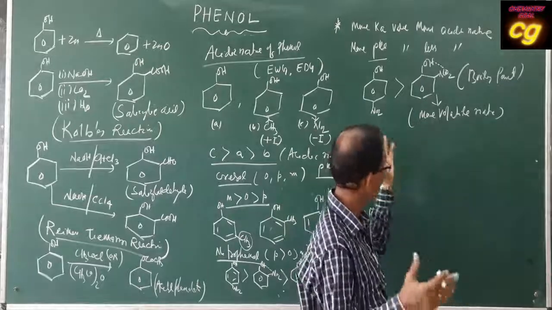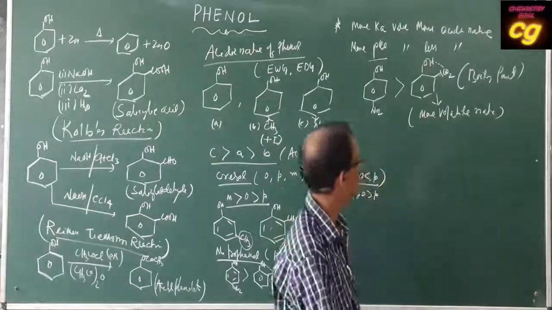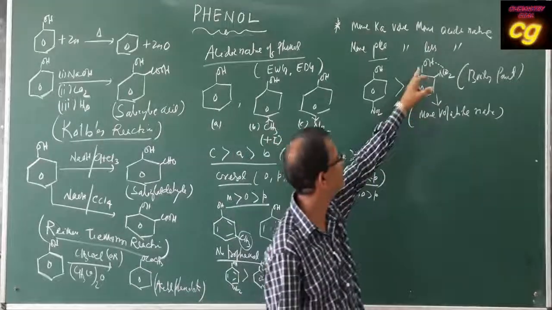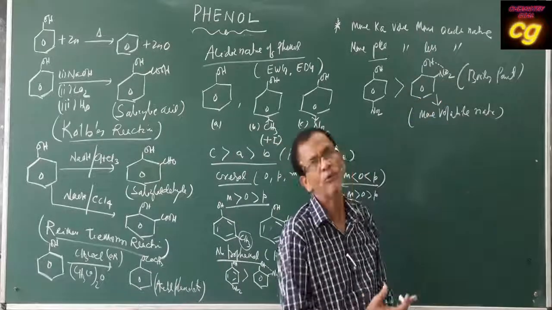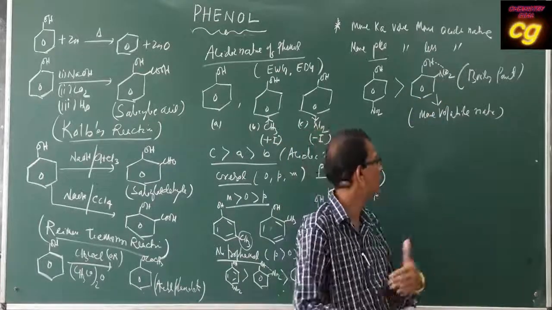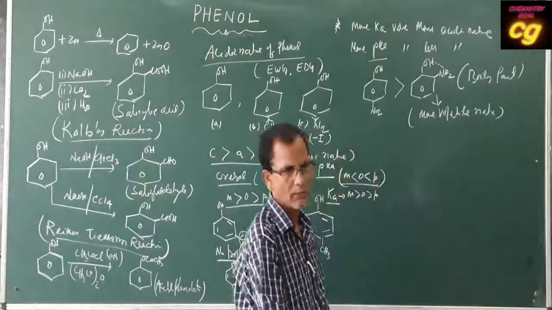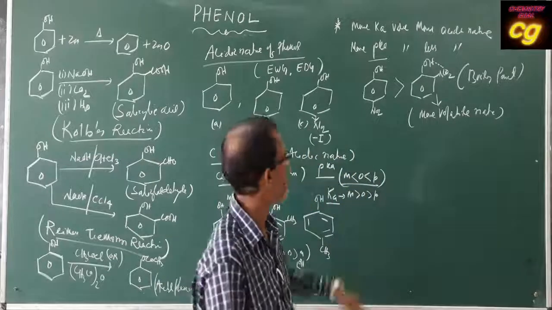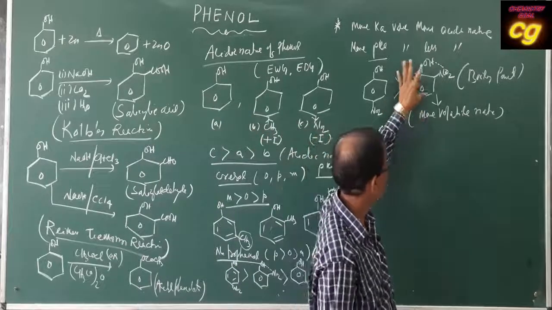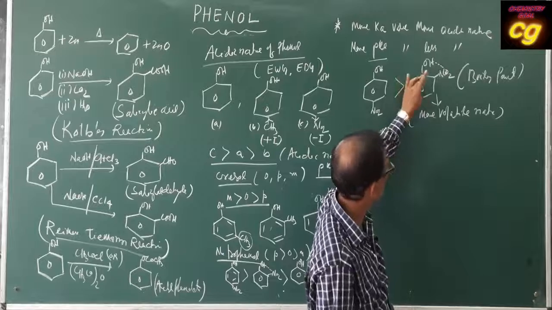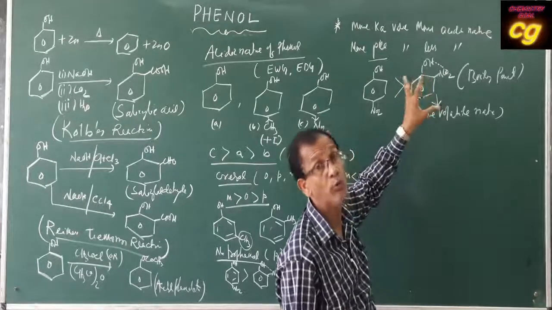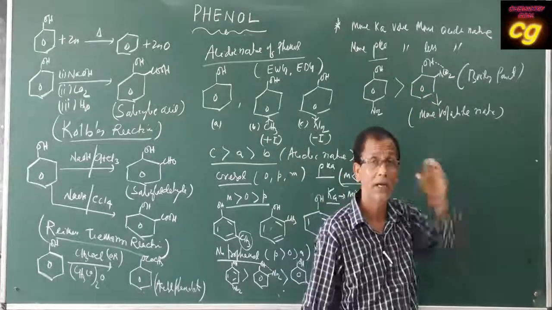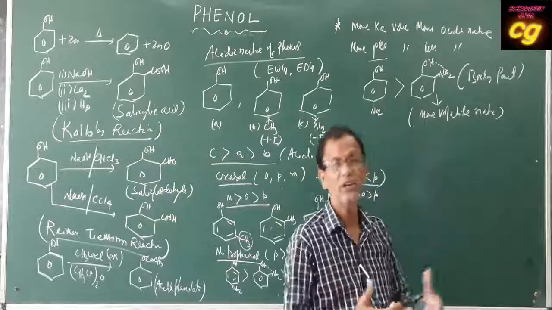The attraction between molecules will be less because these two groups are already bonded to each other. That's why orthonitrophenol is more volatile and easily evaporates.